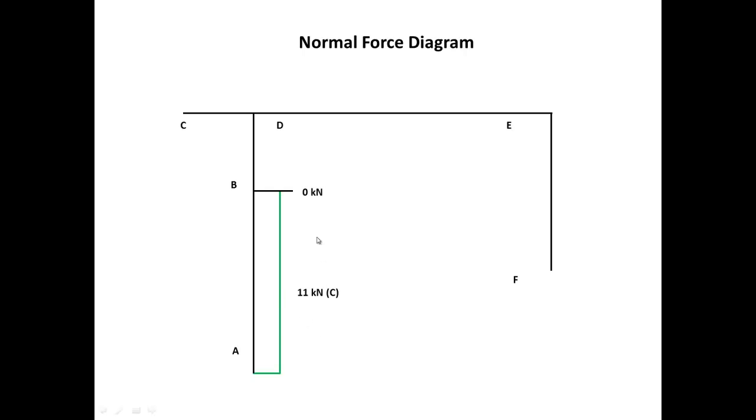So no forces in member B, B prime, and for BD we have a 9 kilonewtons compression, no forces in CD, no normal forces in DE, and we have a compression force of 3 in member FE or EF.